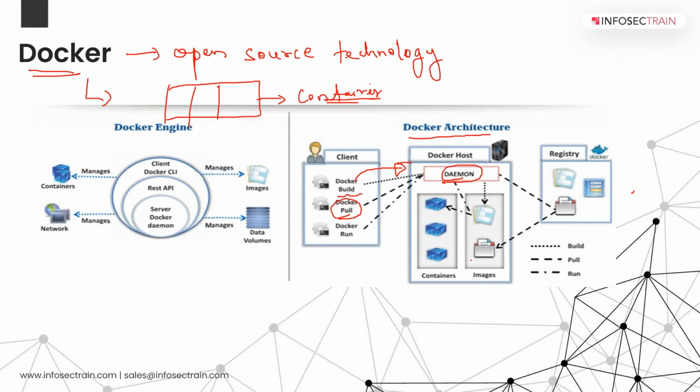And when we want to run the image which is present on your Docker, then we will be using run. So with Docker we have three commands: pull, build, and run. This is what Docker is. Docker is nothing but an open source container technology which will contain all the application images.